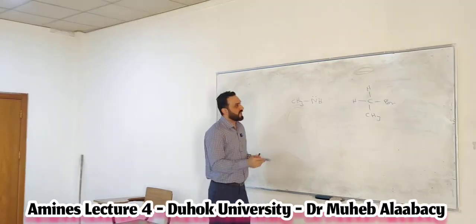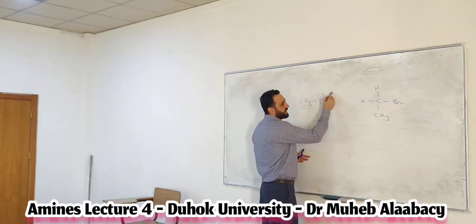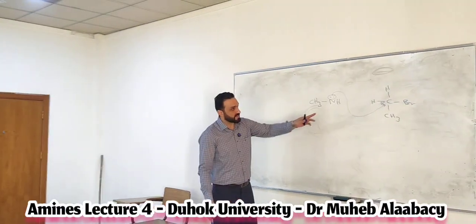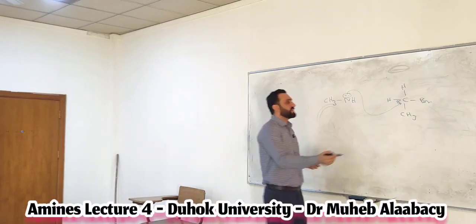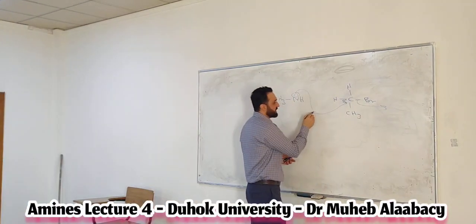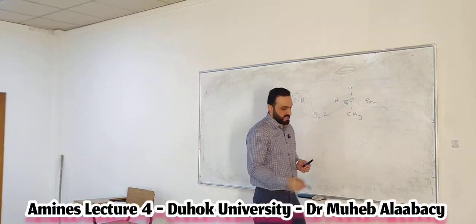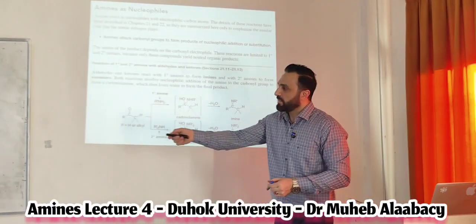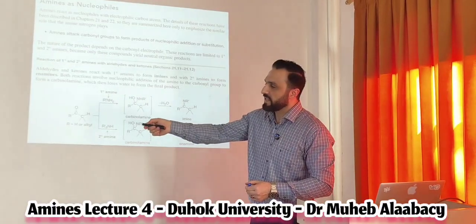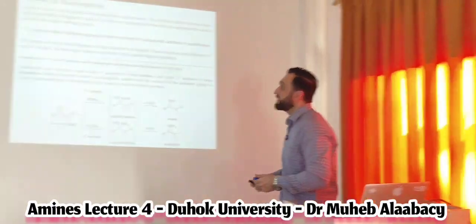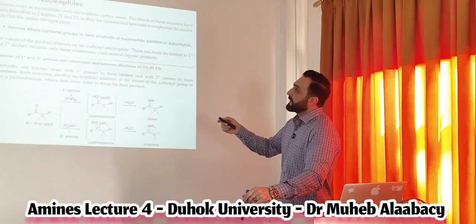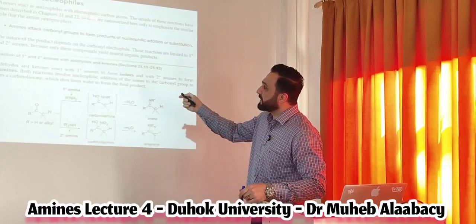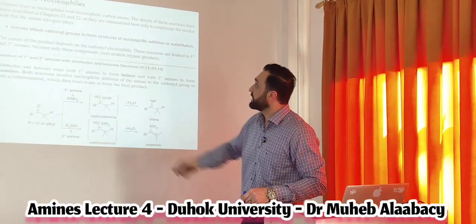Now the unshared electron pair attacks the partially positive carbon, and the bromide leaves by an SN2 mechanism. Here the amine works as what? As a nucleophile. It attacks atoms that are electron deficient. So amines react as nucleophiles with electrophilic carbon atoms. This is the electrophilic carbon atom.